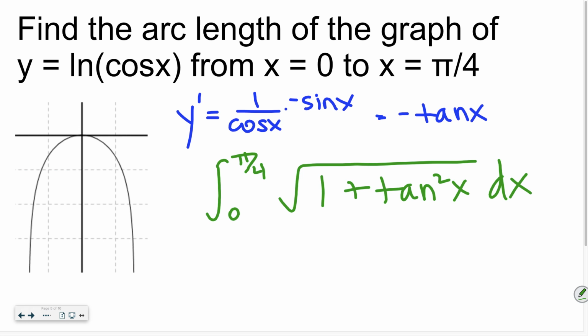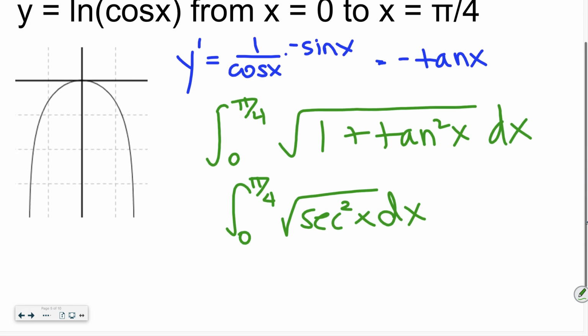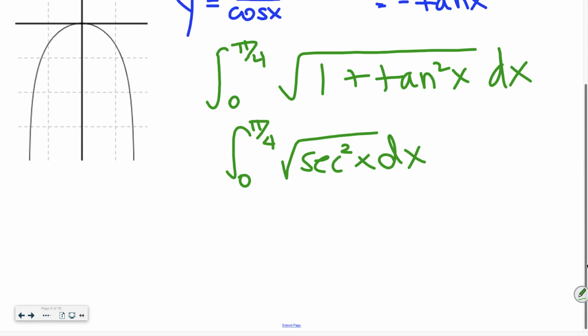Oh boy, my favorite. So we have secant squared under our radical, which turns into secant.